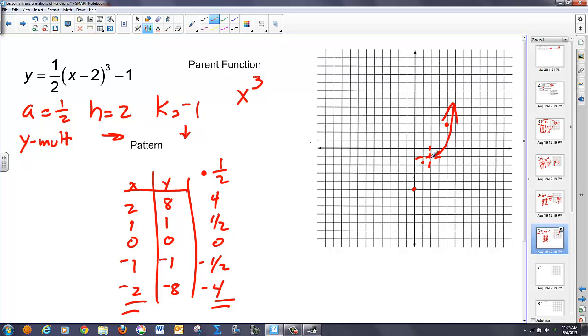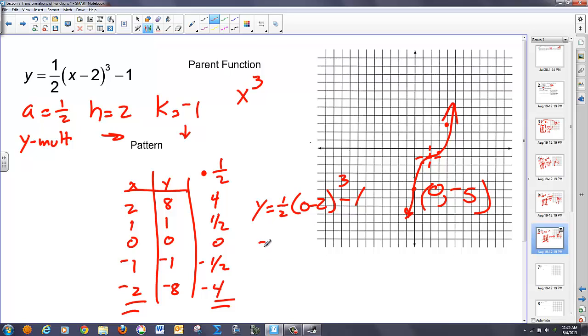And then I'm going to graph my function. Again, I'll check a point. Here's 0 and 1, 2, 3, 4, 5 of the negative type. And I'm going to plug that in and make sure it works. So I have y equals a half times (0 minus 2) quantity cubed minus 1.